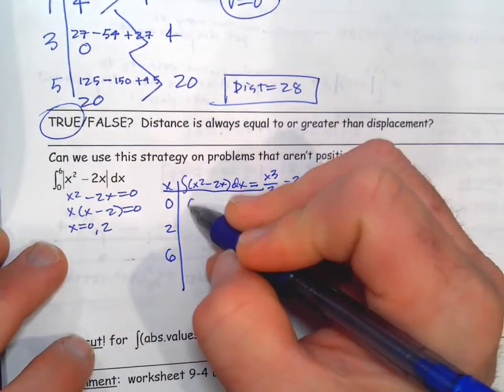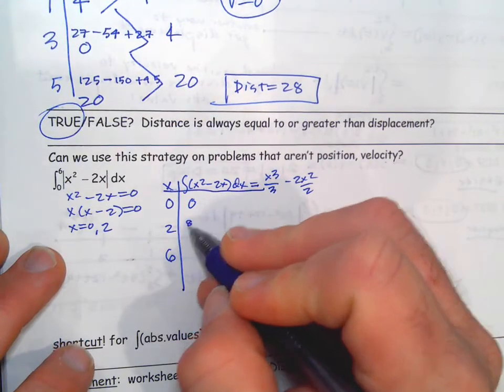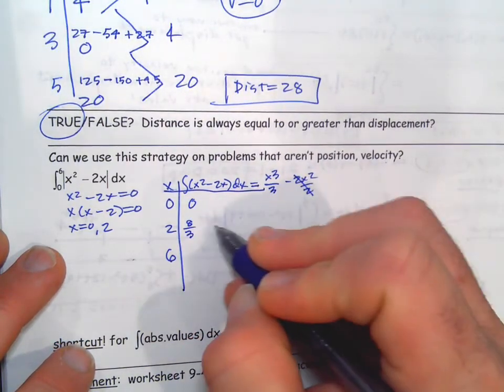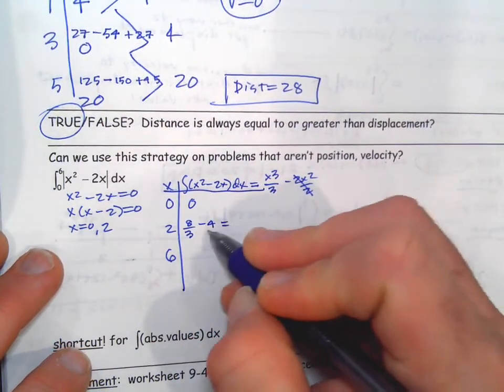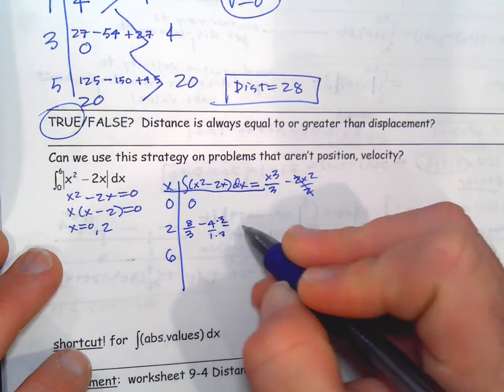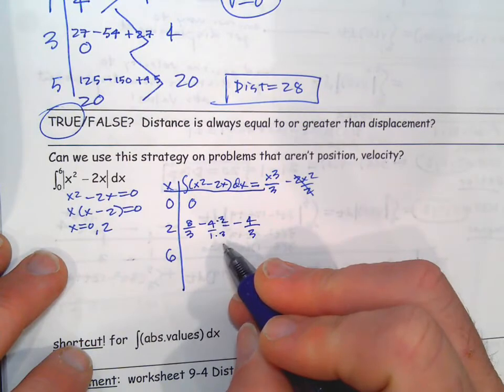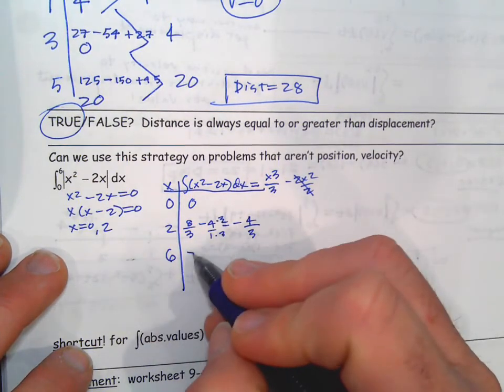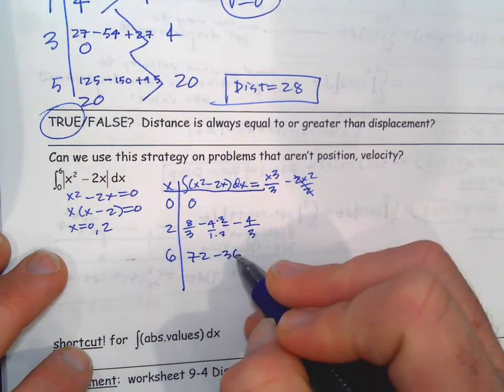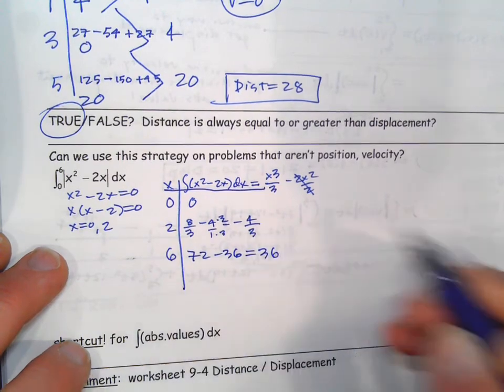Plug 0 in and get 0. You plug 2 in and get 8 thirds minus 4, which is going to be negative 4 thirds. And you plug 6 in and you get 72 minus 36, which is 36.